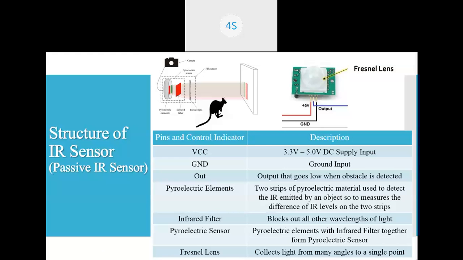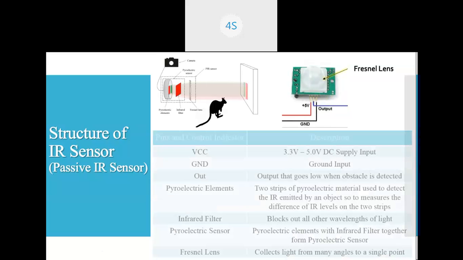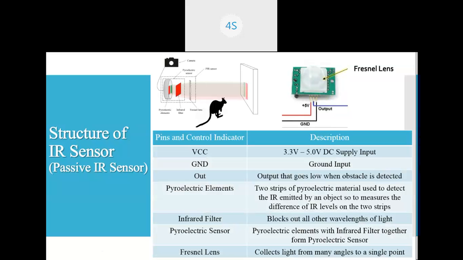There's an infrared filter that is used to filter out or block all wavelengths of light other than the infrared. Now it has a pyroelectric sensor. The pyroelectric elements together with the infrared filter form the pyroelectric sensor.